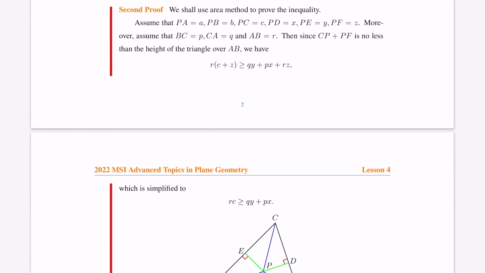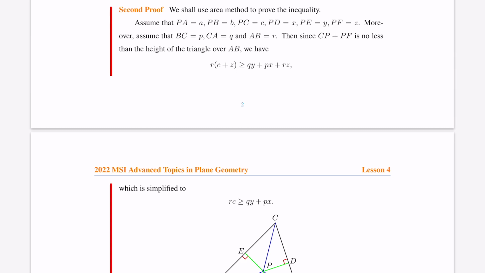Of course we will use the AM-GM inequality, but in terms of geometry, we will only use the area method, just using the area. Again, we will assume PA equals a, PB equals b, PC equals c, and x, y, z are set up in the usual way.